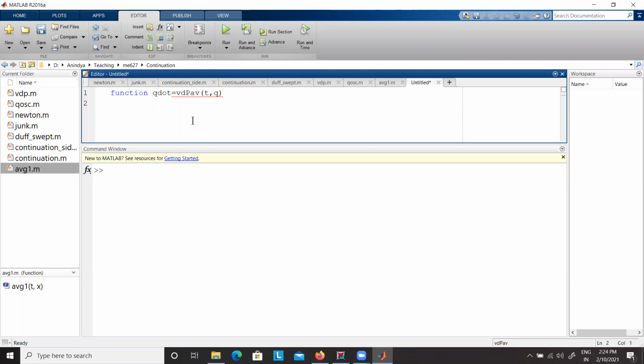Then I will say x equals Q1, x dot equals Q2, amplitude equals Q3. I'll solve all equations together. I will say epsilon equals 0.1. That is a sufficiently small number for this problem. Then I will say Q dot is equal to, what do I write? x dot. Then I say minus x minus epsilon times x dot times (x squared minus 1).